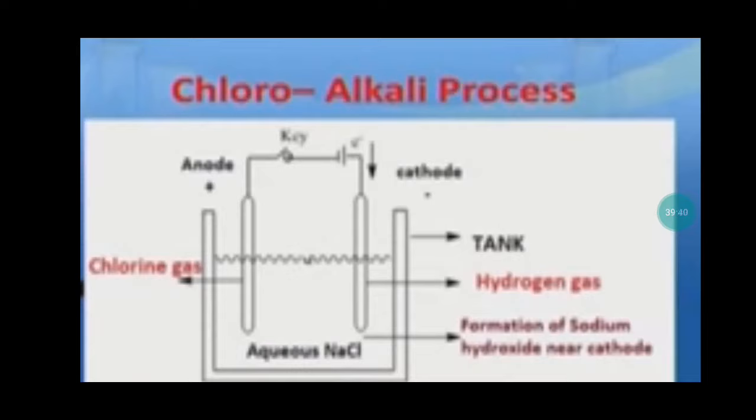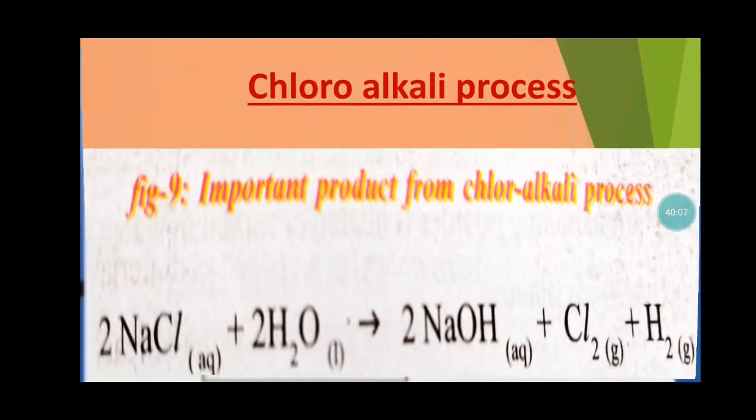Now, this is nothing but the chloroalkali process. Why? Because here chlorine gas is evolving out. The name chloro is given, and alkali is produced. What is an alkali? It is nothing but a base, that is sodium hydroxide. Therefore, this process is called the chloroalkali process.